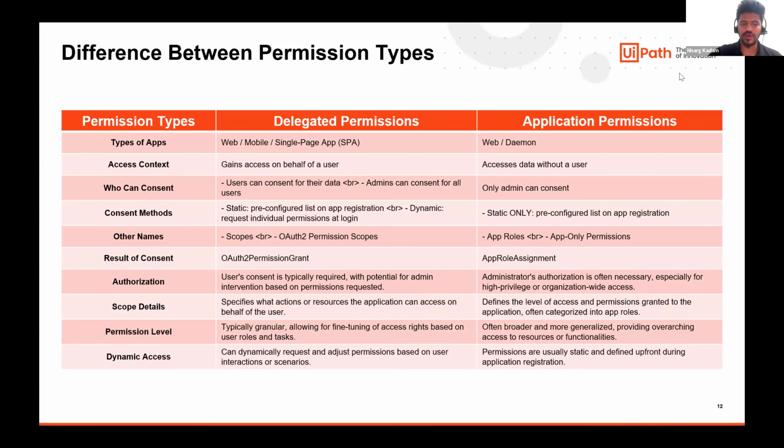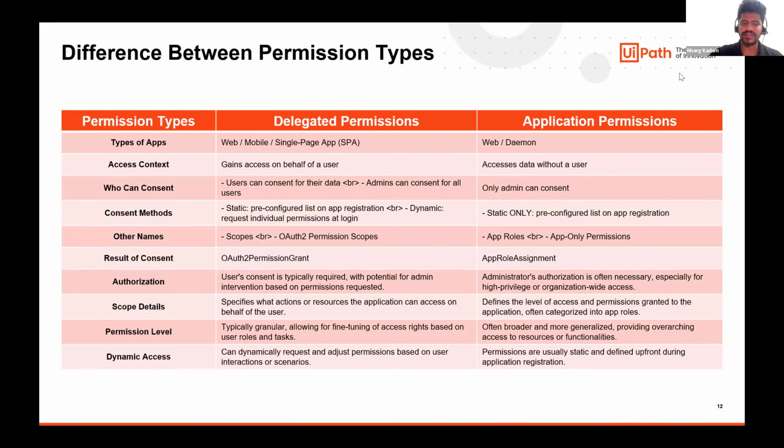Now, let's go through it at the top level. The result of consent, when we use delegate permissions, is usually an OAuth 2 permission grant. When you give application permissions, it's an app role permission grant, or app role assignment, for that particular application in Azure. For authorization, user consent is typically required in the case of delegated permissions, while for application permissions you always require administrator authorization, because you are going to give access to a larger scope rather than a small scope.